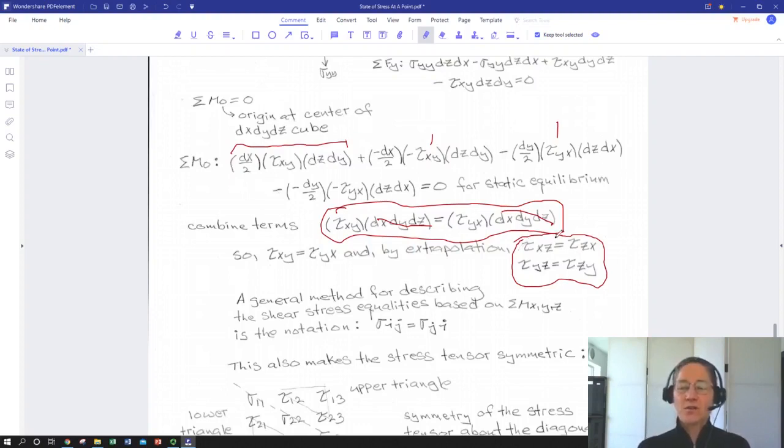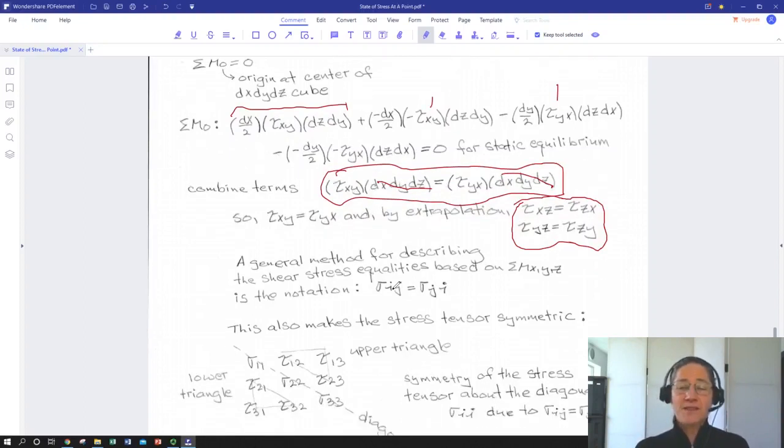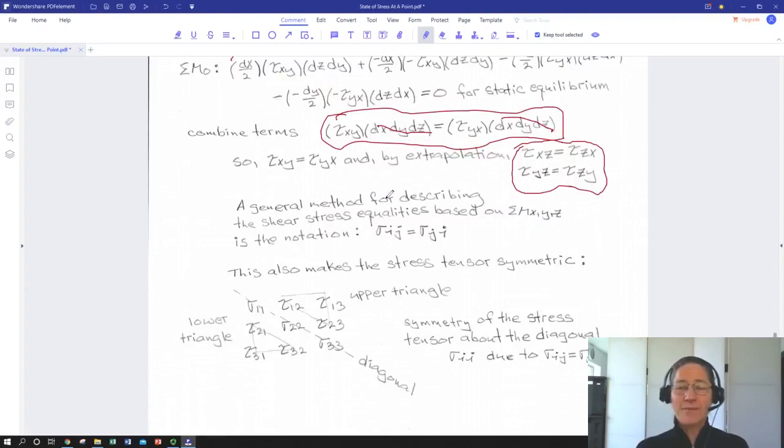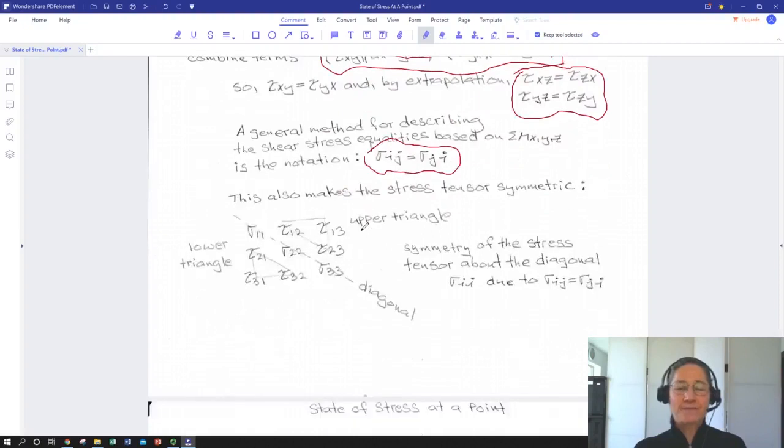We could show this for any general stress state when we put that little volume element in static equilibrium. So the shears, xy, yx, on either side of the matrix diagonal, are equal. That means the stress tensor is what we call symmetric. So we could say sigma ij equals sigma ji in our matrix subscript notation.